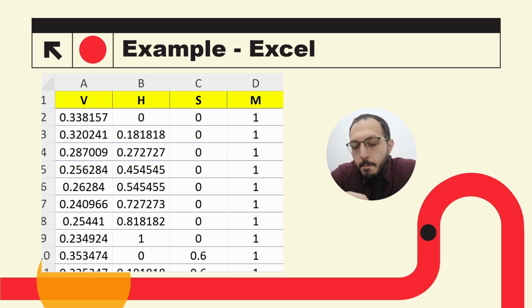And then M is the type of the landmine. So imagine that you can make an equation using the numbers in V, H, and S, and it would tell you what type of mine you have. And this dataset is available on the UC Irvine website, by the way.